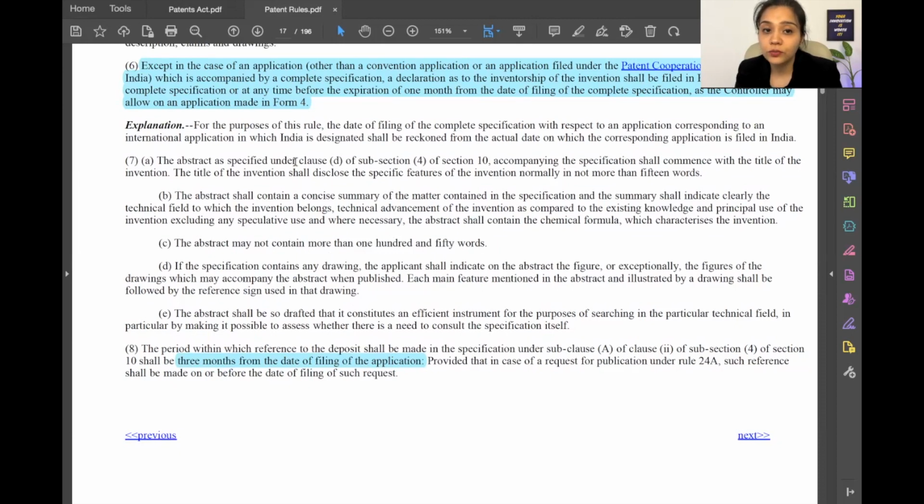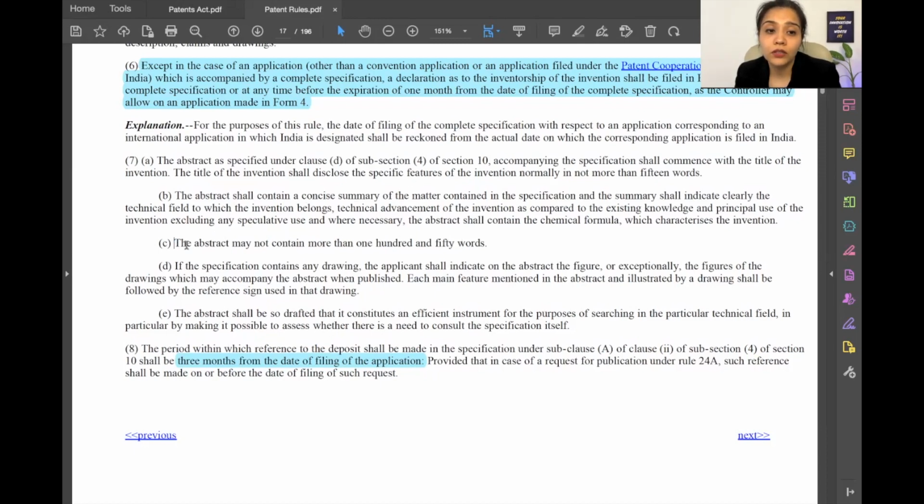So the abstract should be specified under clause G of subsection 4 of section 10, and it has things like it should be accompanied with the title of the invention, and it should provide a concise summary of the matter which is disclosed in the specification.